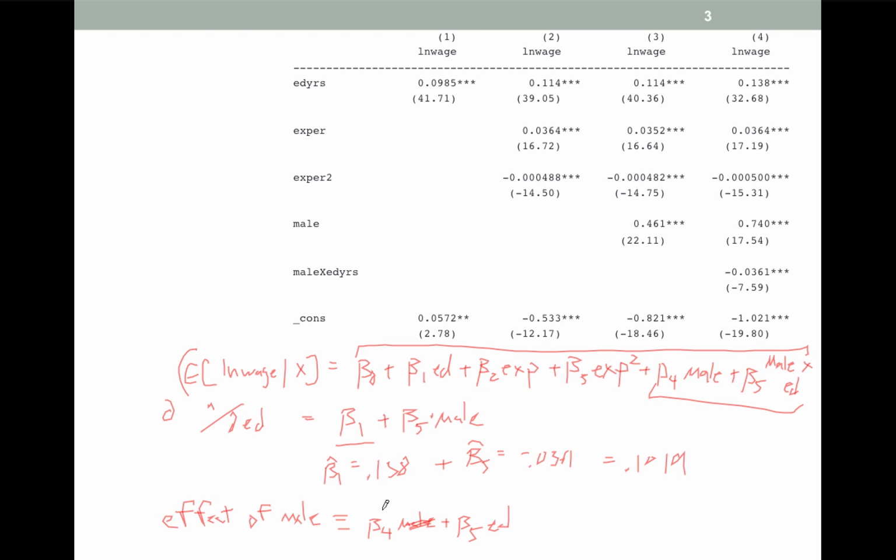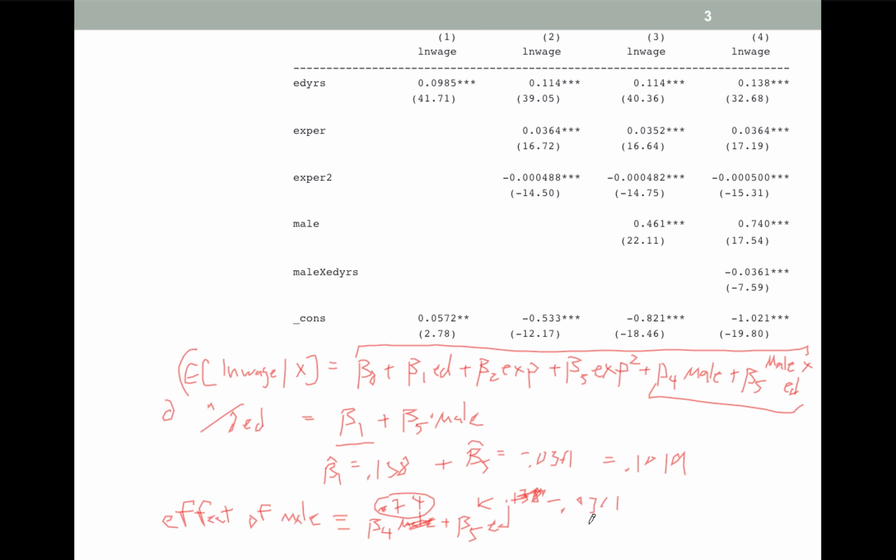Beta 4, our estimate, is 0.74. That's beta 4 hat, 0.74. And beta 5 is, actually, no, beta 5 is not 0.138. Beta 5 is minus 0.0361.